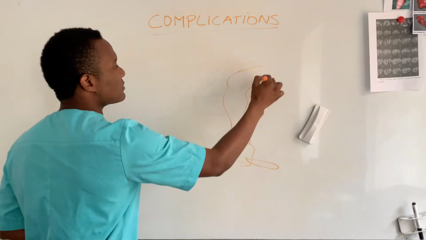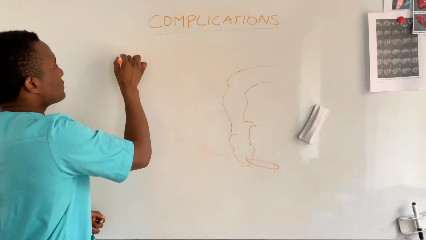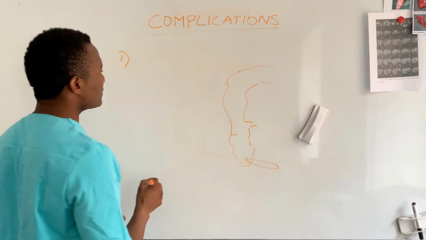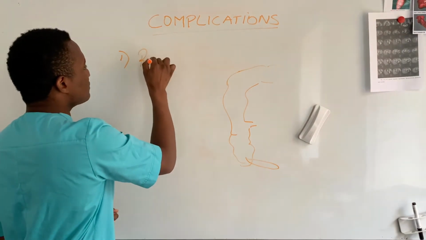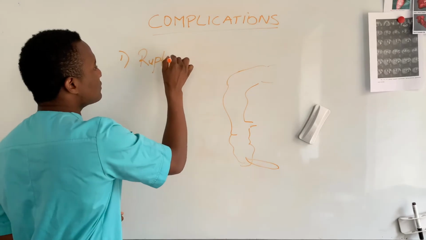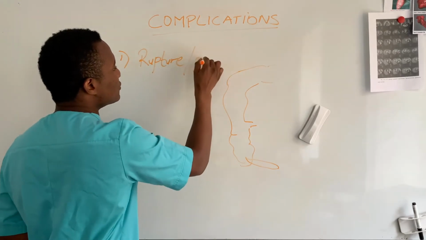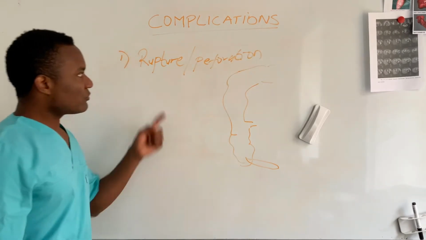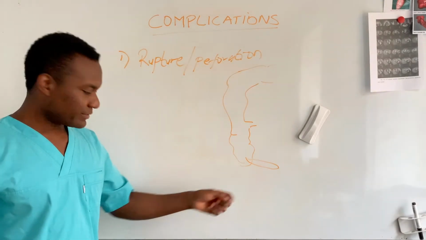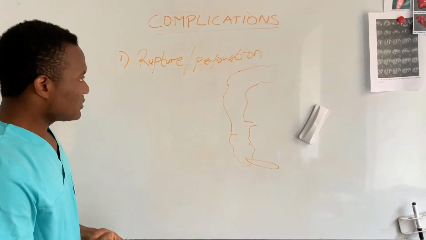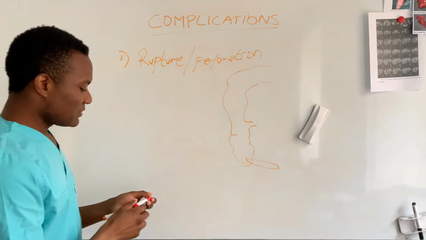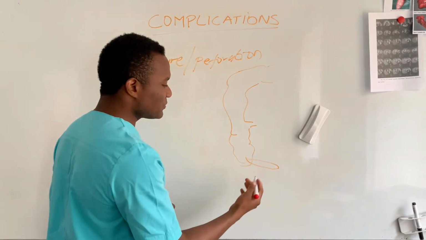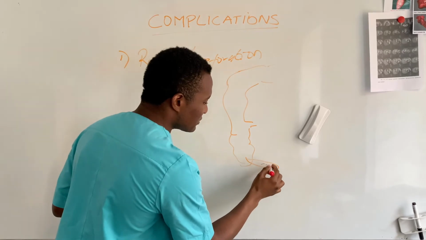Complications of appendicitis. The first and most common complication of appendicitis is the rupture or perforation of the appendix. What happens is that if nothing is done, the inflammatory process continues and this appendix will rupture.